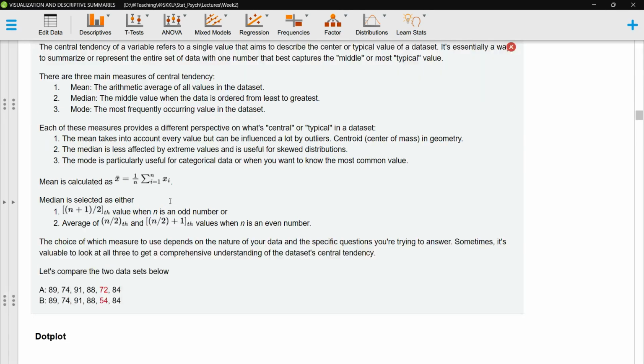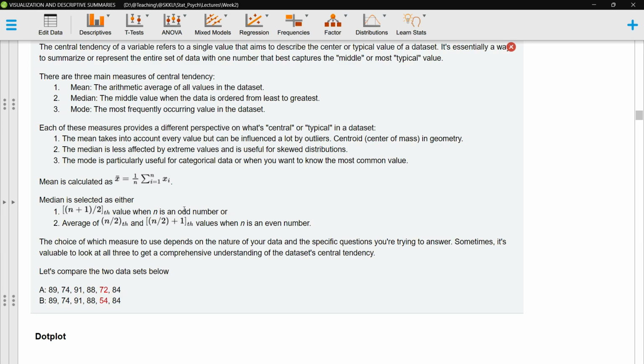And you may know how we can calculate the mean. The mean is calculated as the summation of all the values, divided by the number of observations. And it will give us the mean value, right? The median is selected differently for an odd number of observations or an even number of observations.